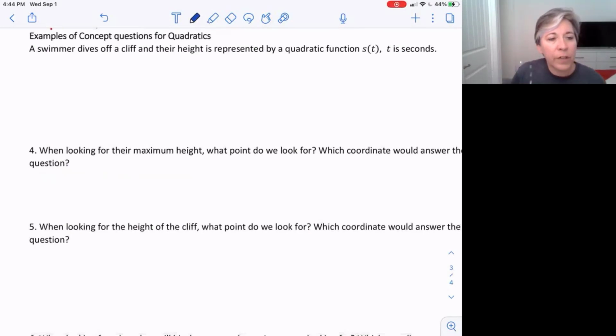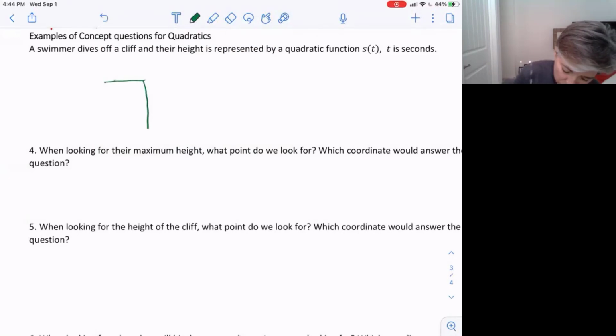Now let's think about some different concept questions involving quadratics. Let's suppose a swimmer dives off a cliff and their height is represented by a quadratic function S of t, where t is in seconds. Well, if we were to draw that, let's say here's the cliff in green, and we're hoping there's water down here below.